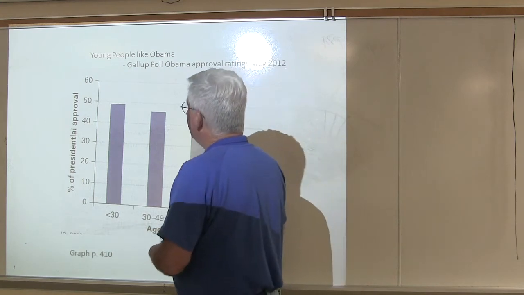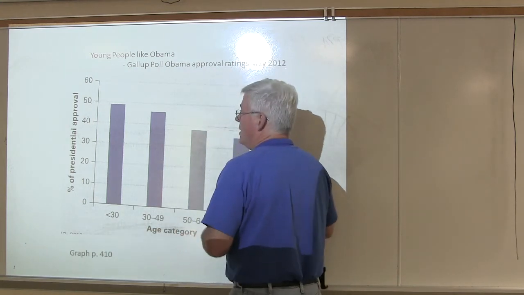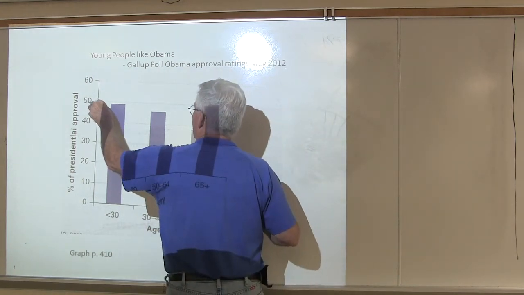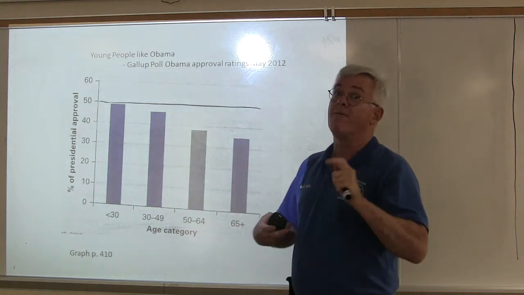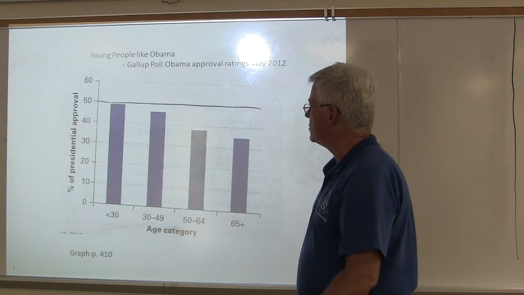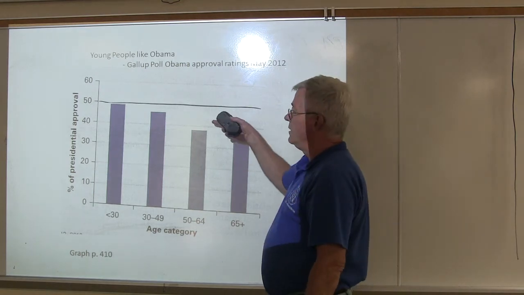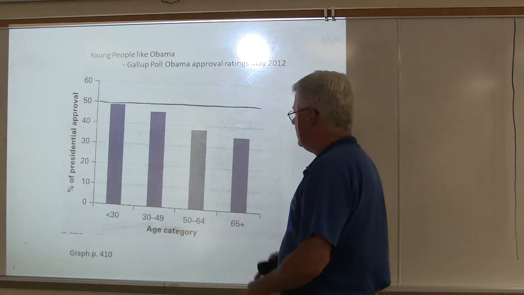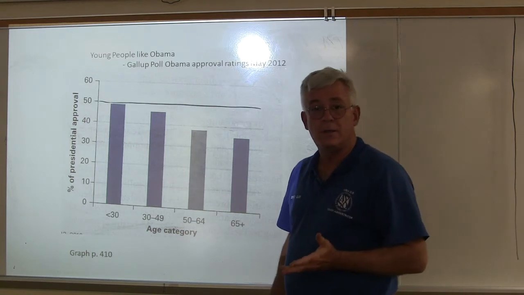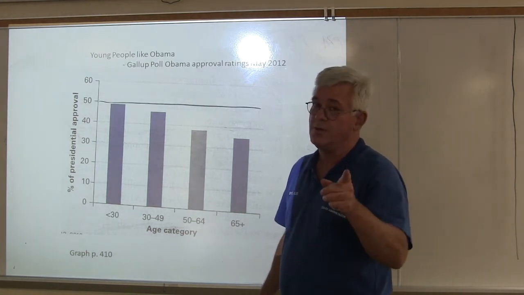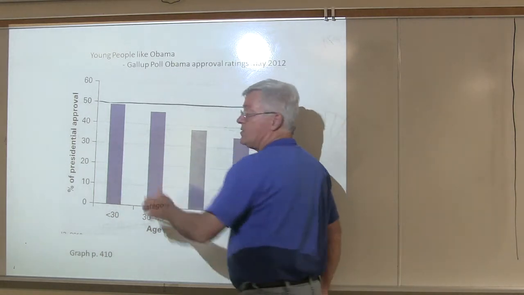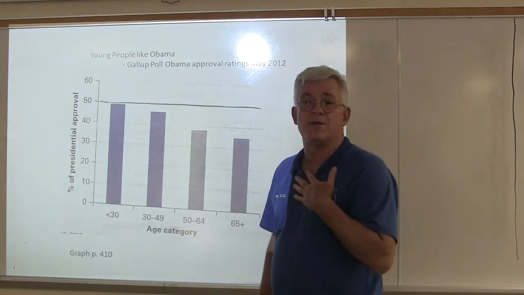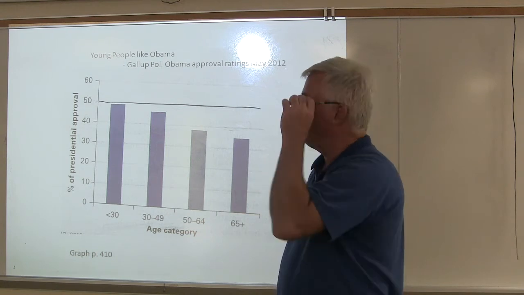By the way, interestingly, was Obama upside down among all age groups? Was he under 50 with everybody 6 months before the election? The answer is yes. Now, since young people don't vote, correct? I've shown you the data. Young people don't vote. This would suck if you were Obama, because the people that support me don't bother to come out to vote.